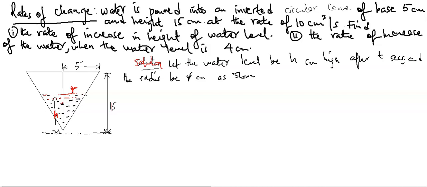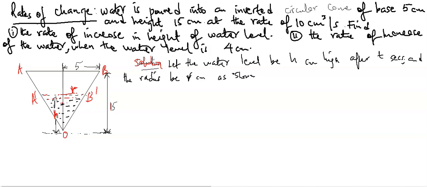So we consider the similar triangles. Consider the similar triangles, triangle OAB and the other one, triangle OA'B'.